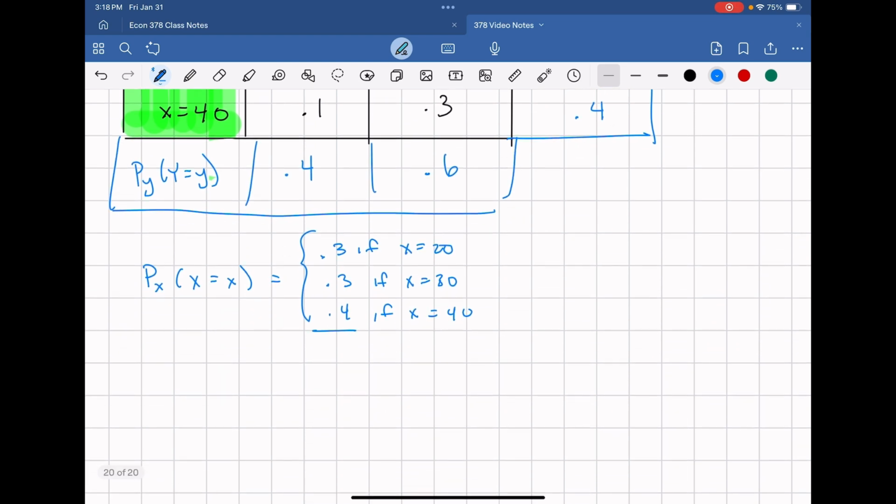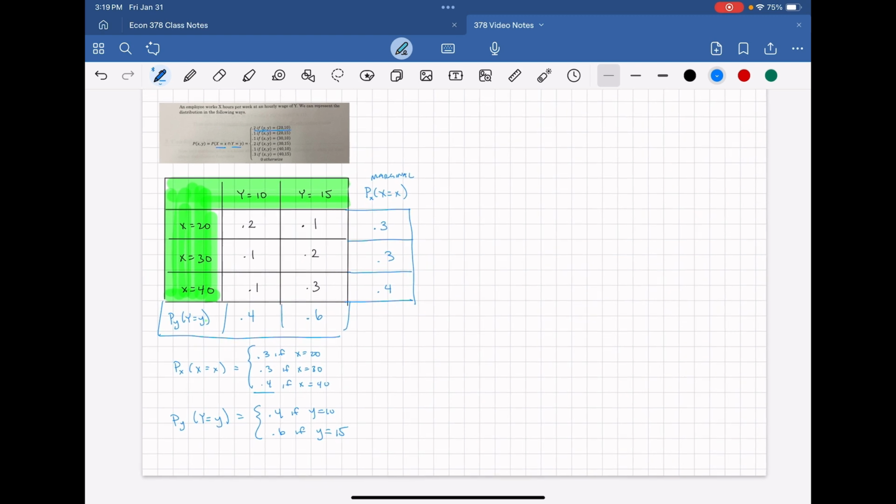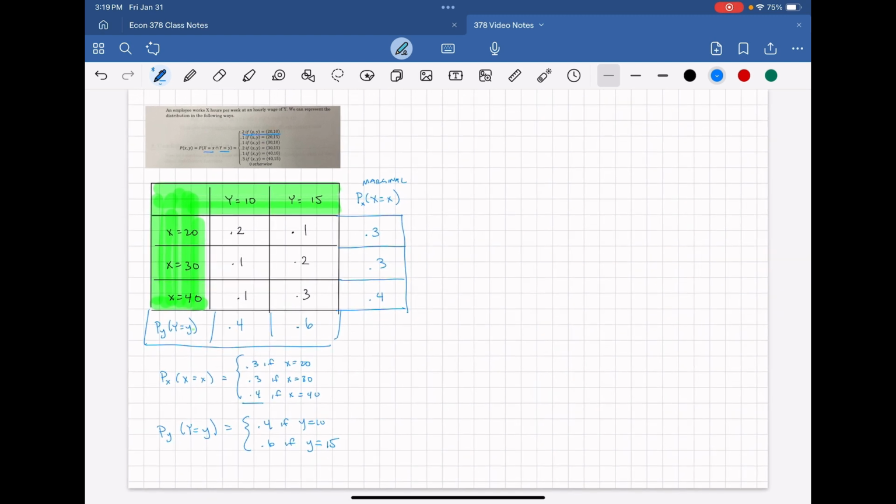We could also rewrite this as the probability sub y, that Y is equal to y, is 0.4 if y equals 10, and 0.6 if y equals 15. And so now, from our overall joint distribution, we've been able to calculate the marginal distributions.